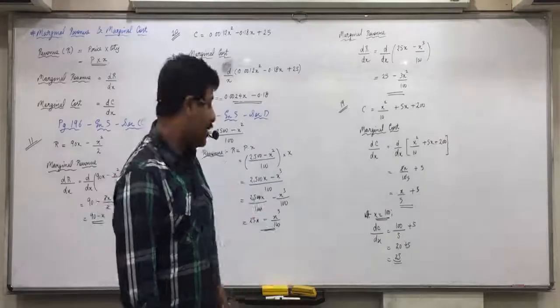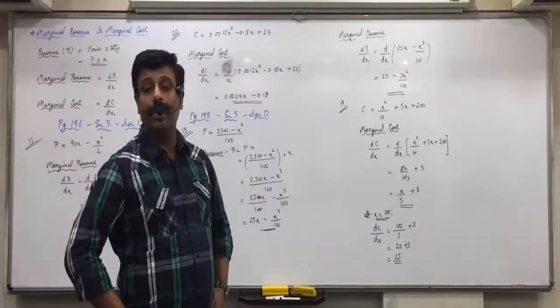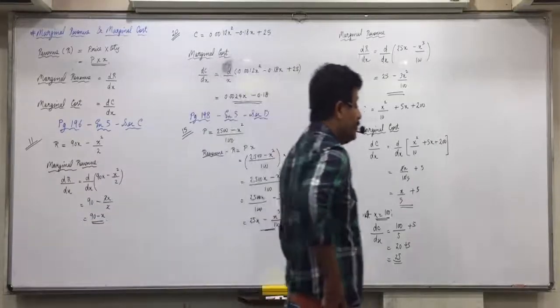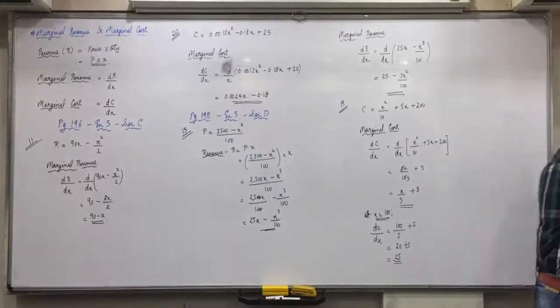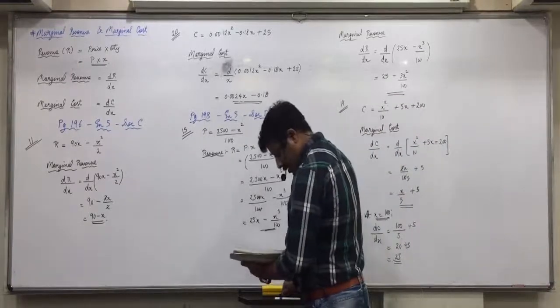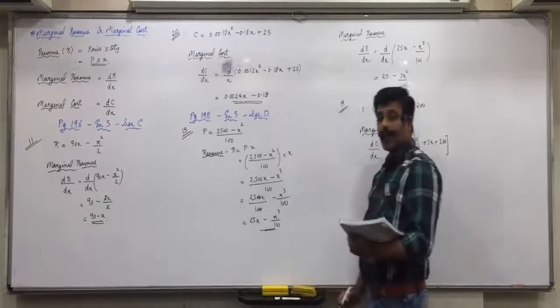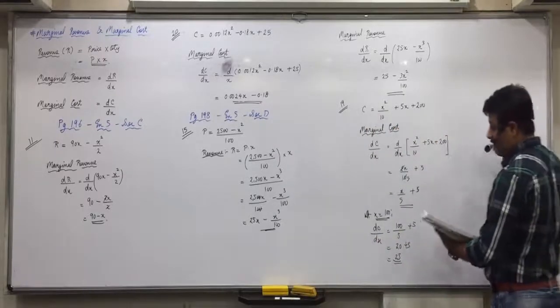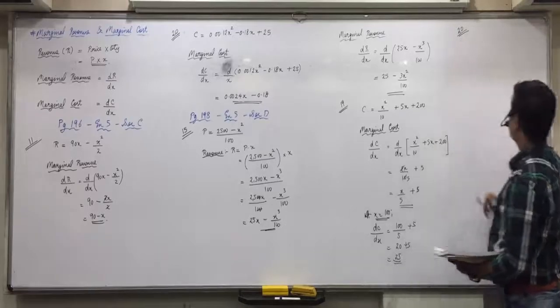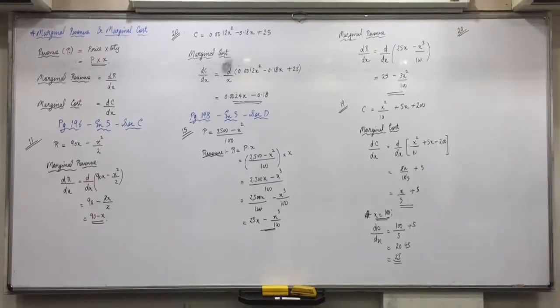So write below that it means 101st unit will be produced at a cost of rupees 25. Is everyone clear with it?